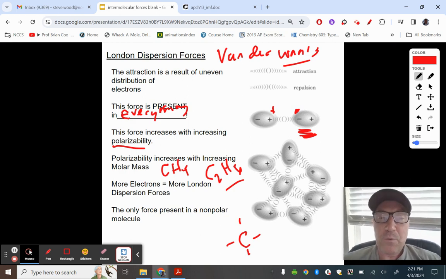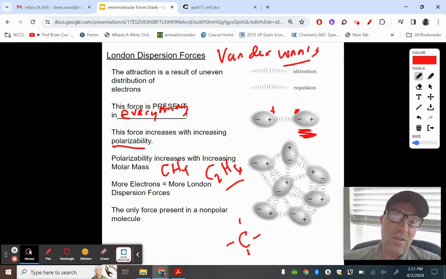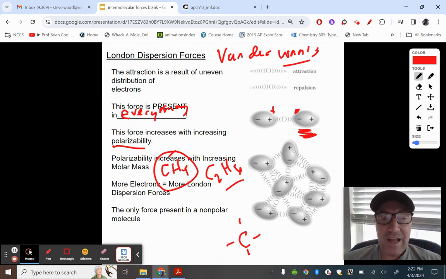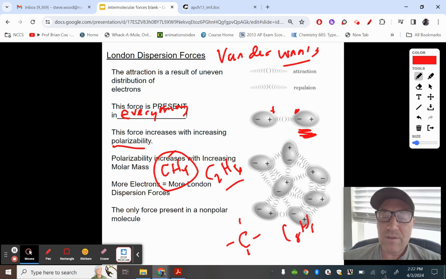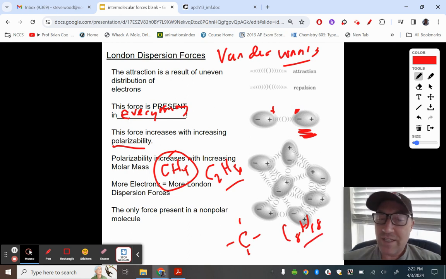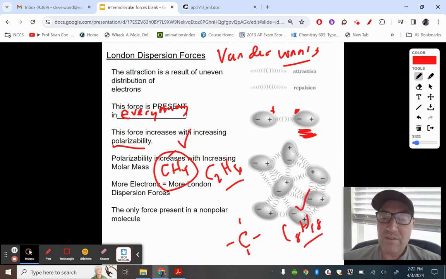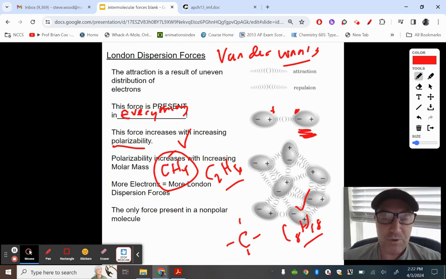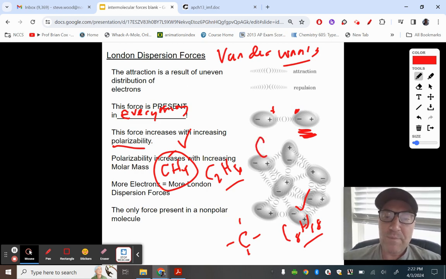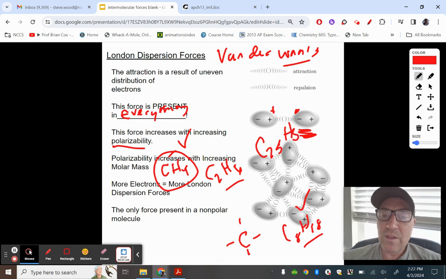In fact, if you follow all of them, this guy is a gas, this is called an alkane. C8H18 is octane, so that's gasoline. That's a liquid. So methane is a gas. These are all related to each other, all the same structure, all nonpolar. But if I go all the way up to C25H52, that's candle wax.